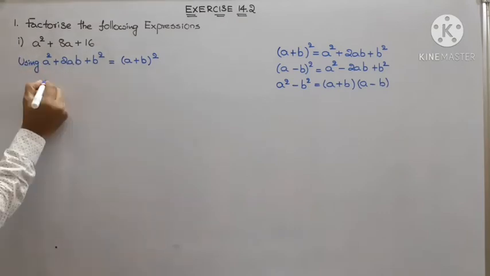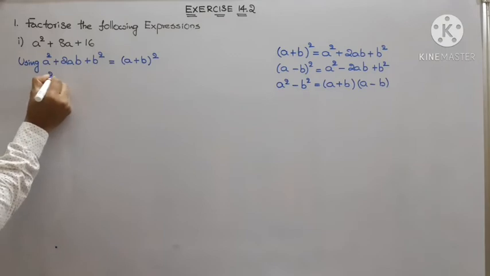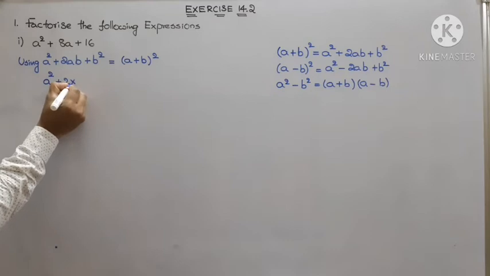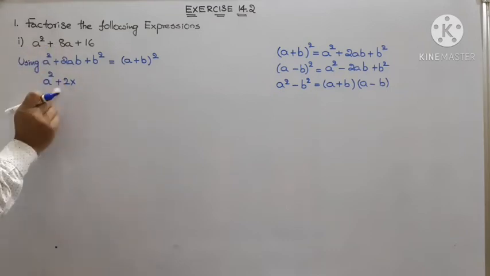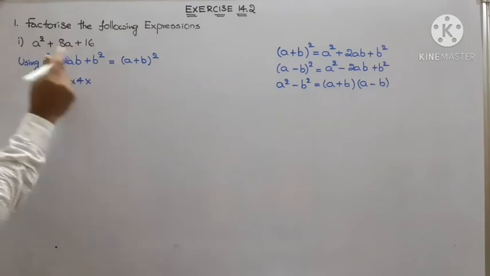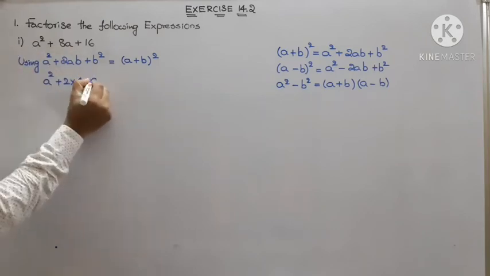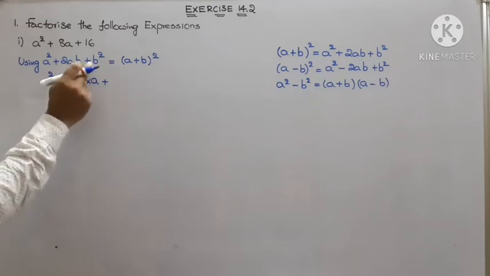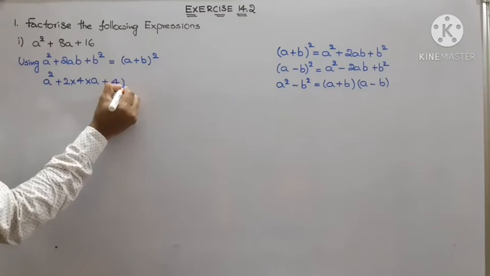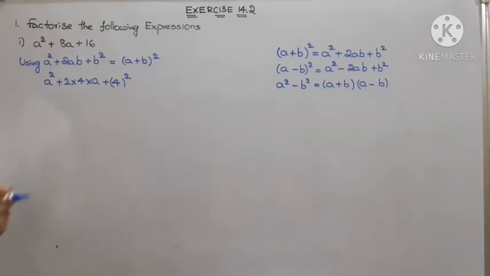A itself is a square, so we don't have any problem, plus 2 into 8a, already we have 2, then 4 into a value is already a, plus b square, 4 square gives us 16.